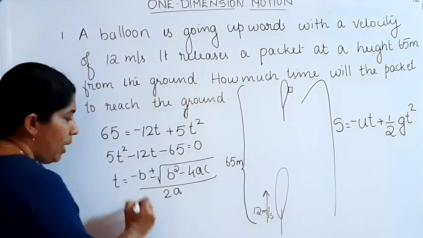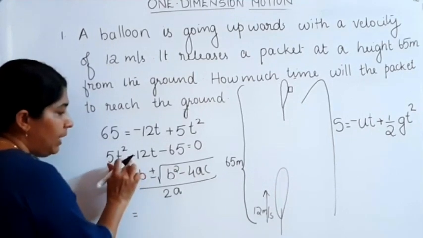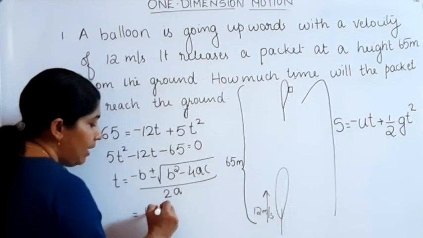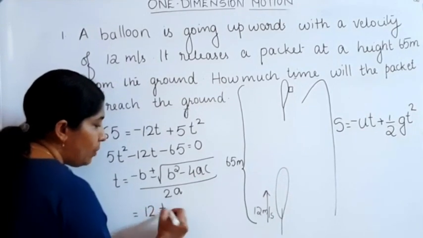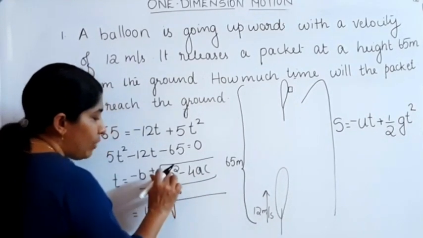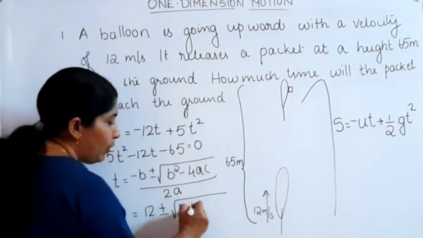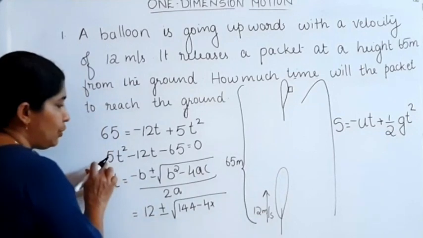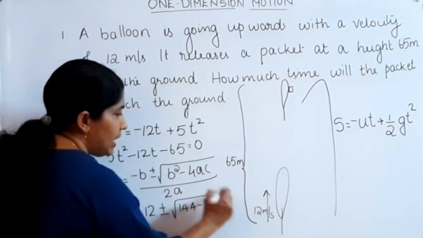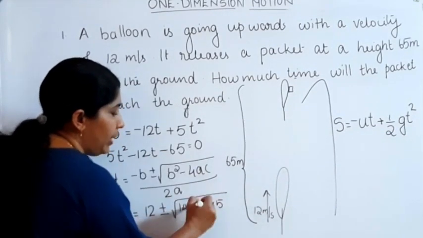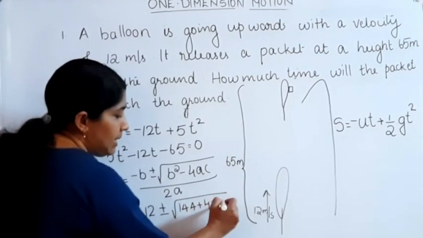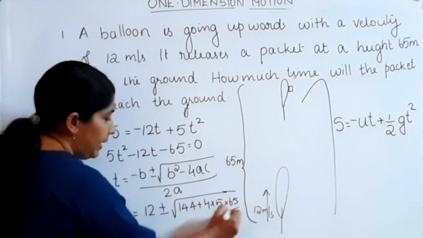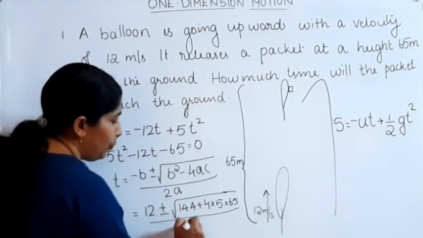That's equal to minus of minus 12, which is plus 12, plus or minus root of 12 square, 144, minus 4 into a equal to 5 into c equal to minus 65, therefore here plus 4 into 5 into 65, divided by 2 into 5.